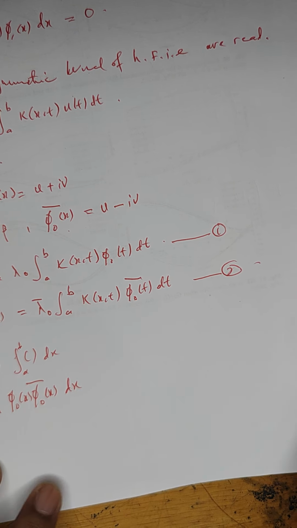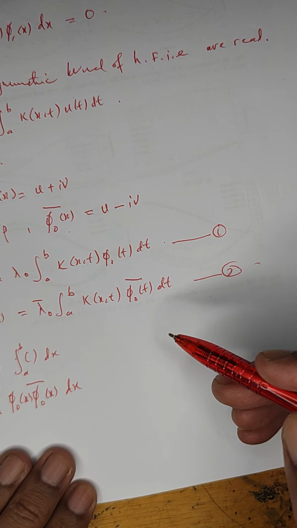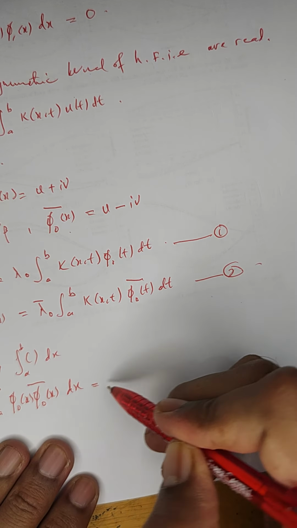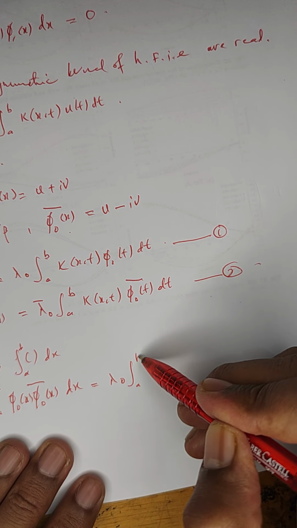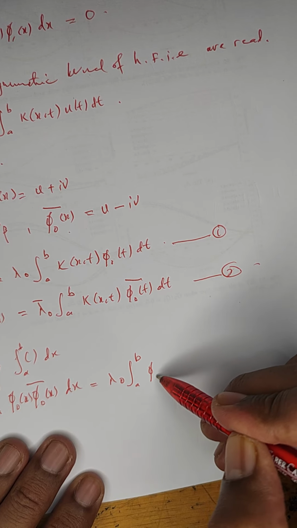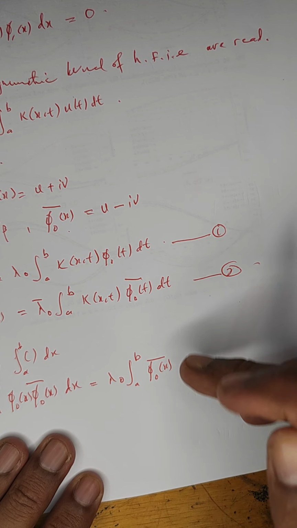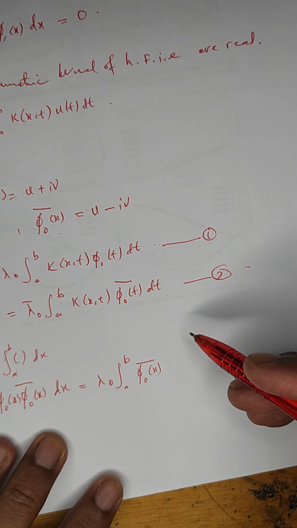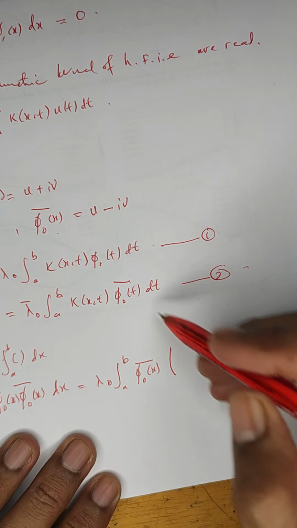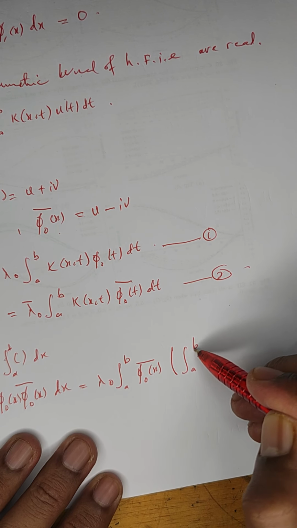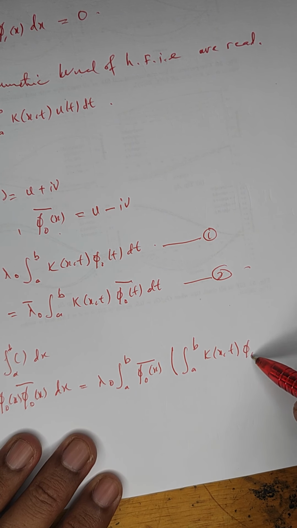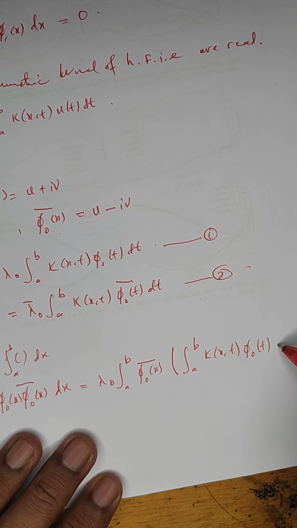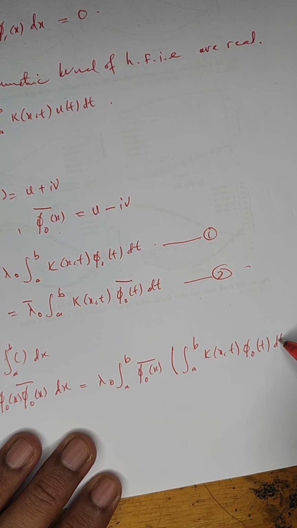On the right side we have lambda naught times the integral from a to b of phi naught x bar times the integral from a to b of k(x,t) phi naught t dt dx.